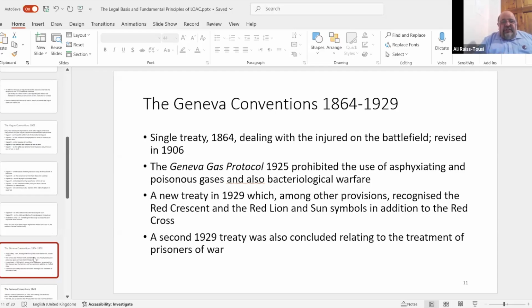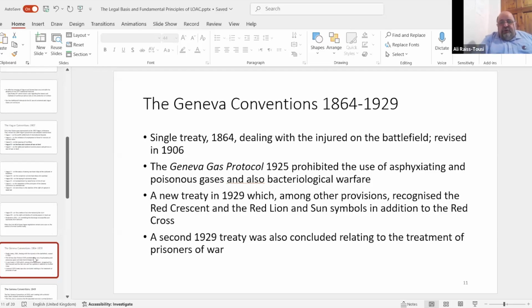The red crescent symbol and the red lion and sun symbol were added to the Red Cross in order to identify societies in Muslim countries that wanted to use the Red Crescent, or in what was then Imperial Persia or Imperial Iran that chose to use the red lion and sun.